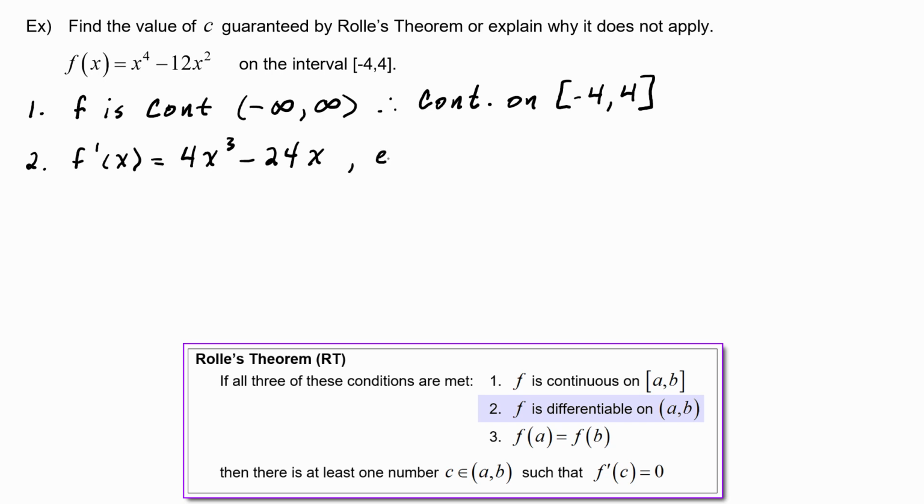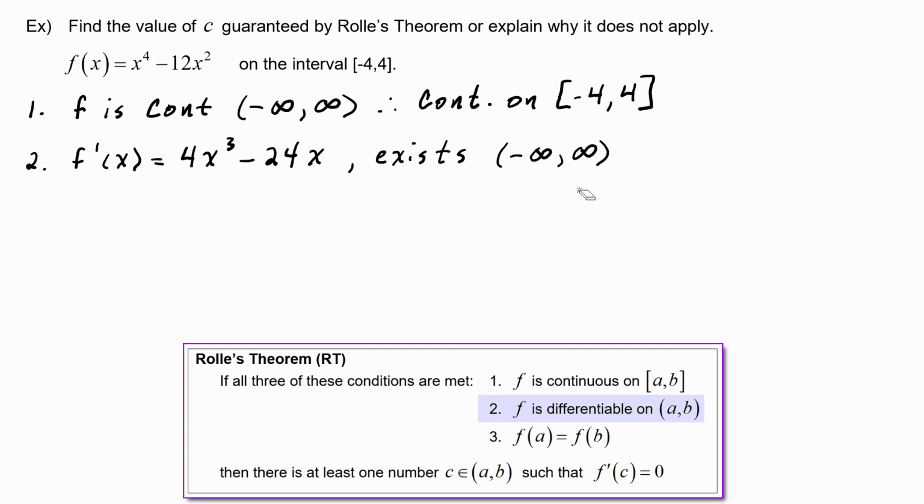Now this exists everywhere. So it exists from -infinity to +infinity. There are no x values for which f prime would not exist.